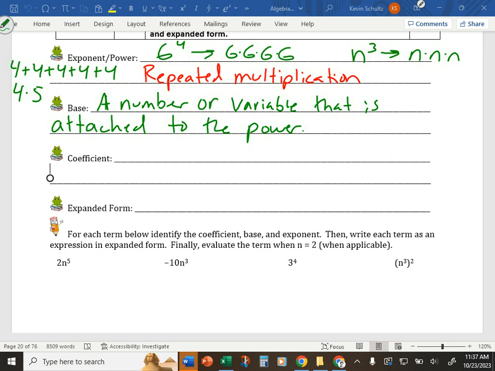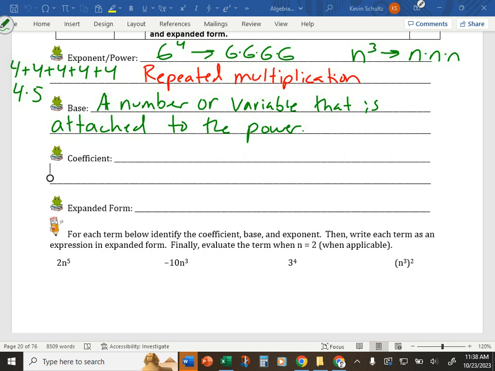It's what's being multiplied over and over again. So in our above examples, in 6 to the 4th, 4 is the exponent, the power. What is the base? 6. In n cubed, 3 is the power, the exponent. What is the base? n. It's whatever is attached to the power. It can be a number. It can also be a variable.